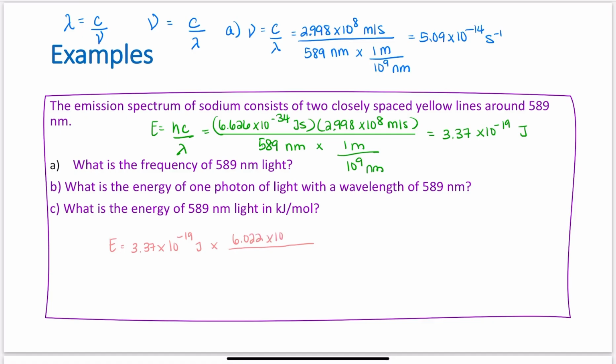I know that I have 6.022 times 10 to the 23rd photons in every 1 mole of photons. Again, this is 1 photon. I'm just scaling it up. And 1 kilojoule for every 1,000 joules, I get 203 kilojoules per mole.